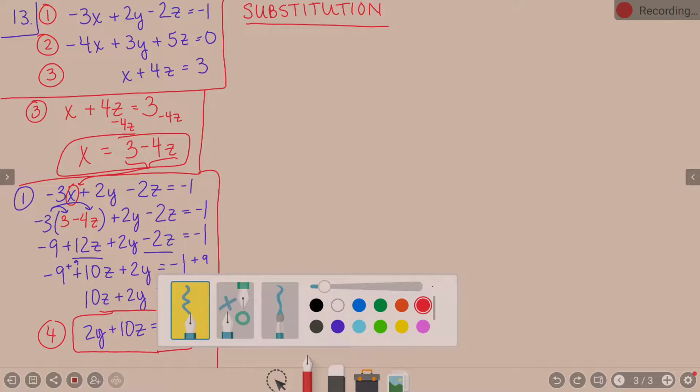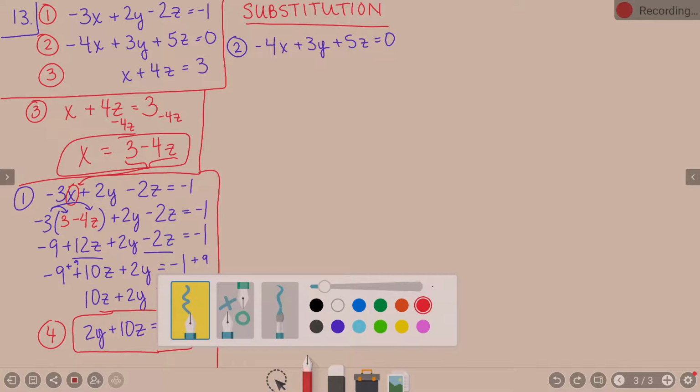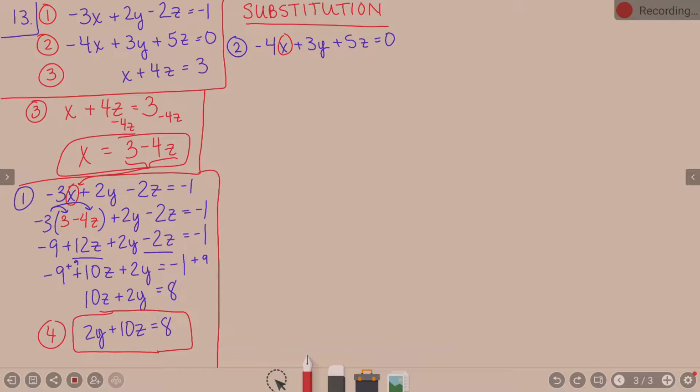So now the equation I haven't used yet is 2. Let me write out 2, which is -4x plus 3y plus 5z equals 0. Every place I see an x, I'm going to replace it with 3 minus 4z.